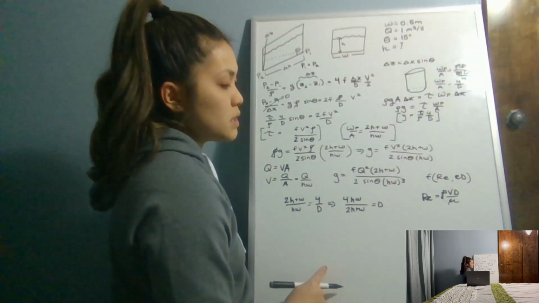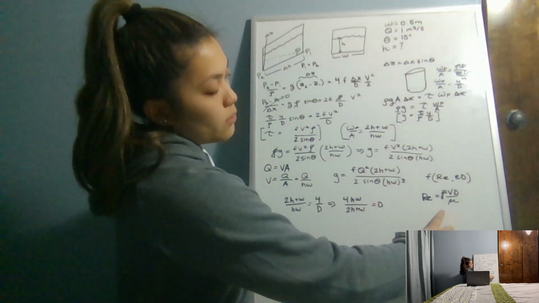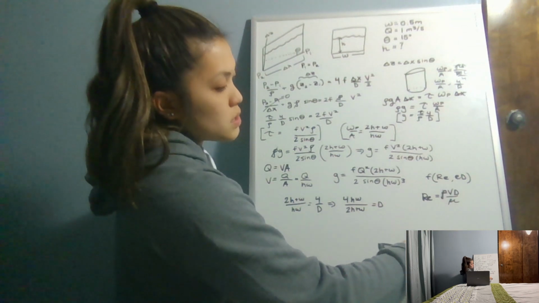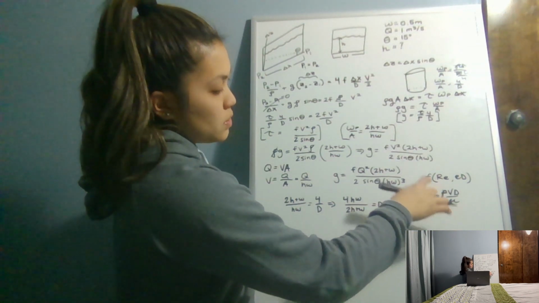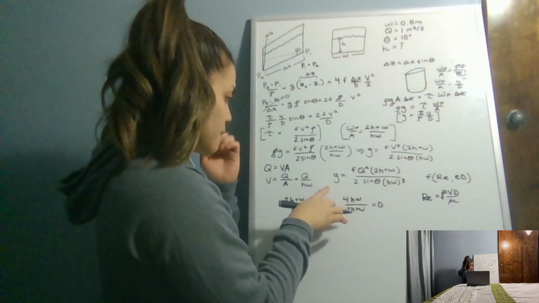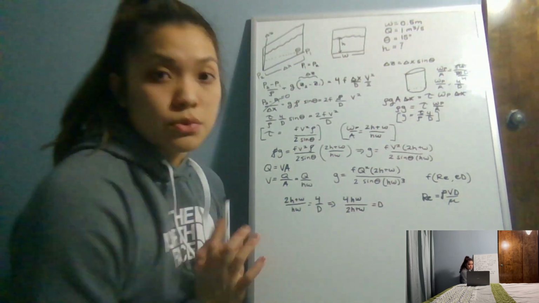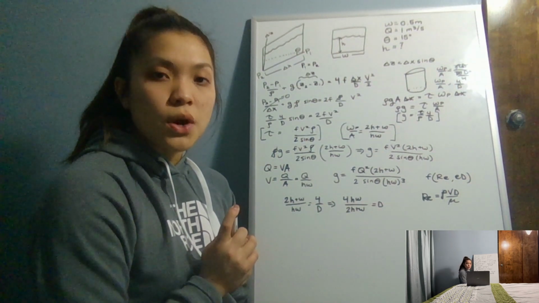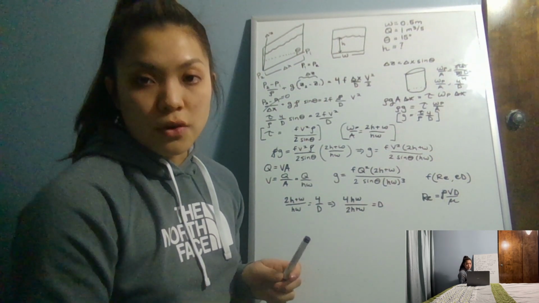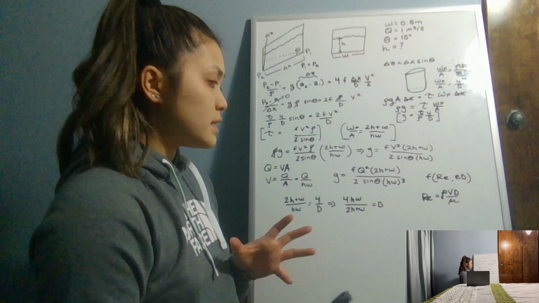That's another reason why we need the diameter: so that we can plug it in for the Reynolds number, which we'll use for the friction factor, which we'll then use for the gravitational acceleration expression. What we'll actually use is the root solver in Colaboratory. It'll make a little more sense once we head over to the code why we need all these expressions.